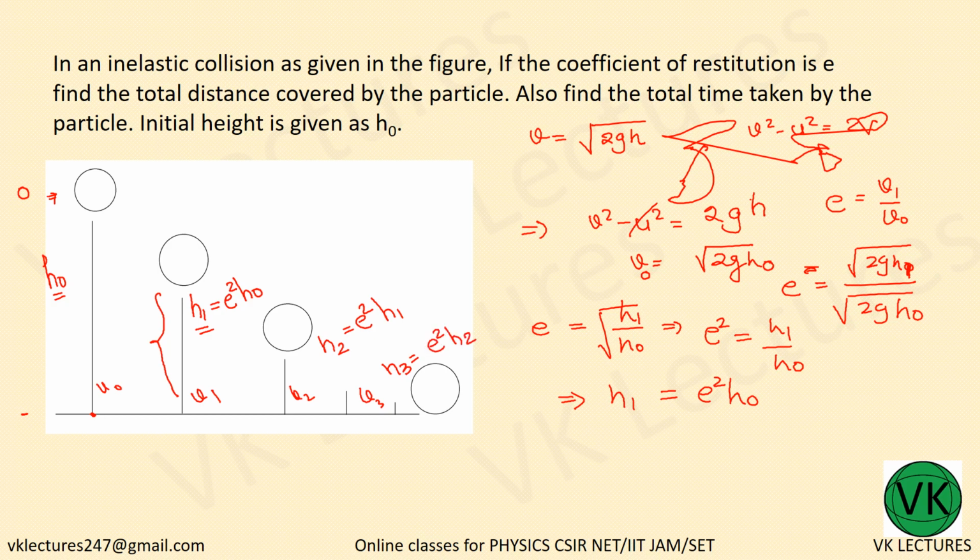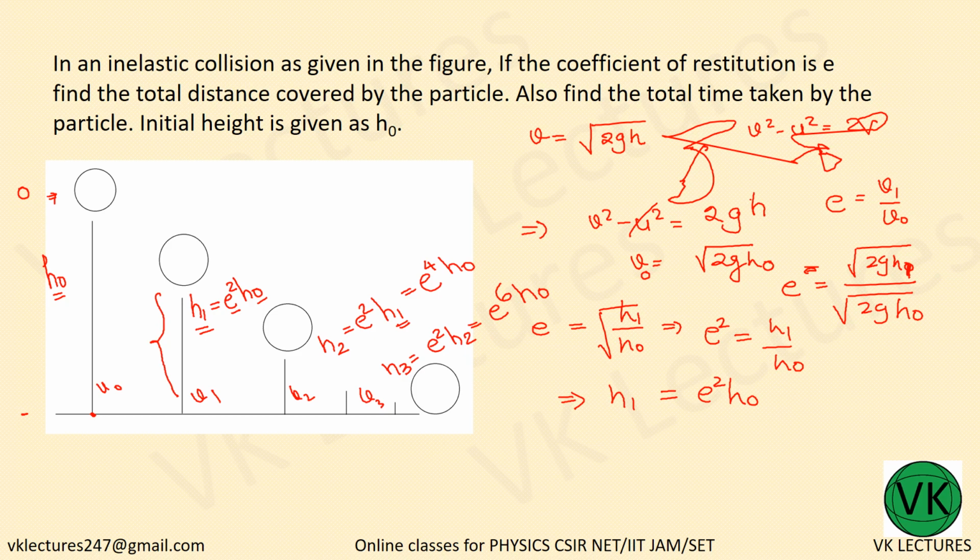Any doubt here, anybody? Then this is e square h naught, this is e square h1, but again h1 is nothing but e square h naught, so this I can write as e to the power 4 h naught. This I can write as e to the power 6 h naught.